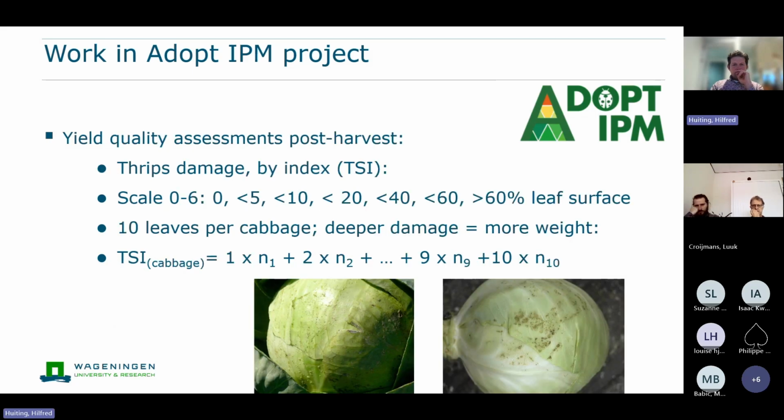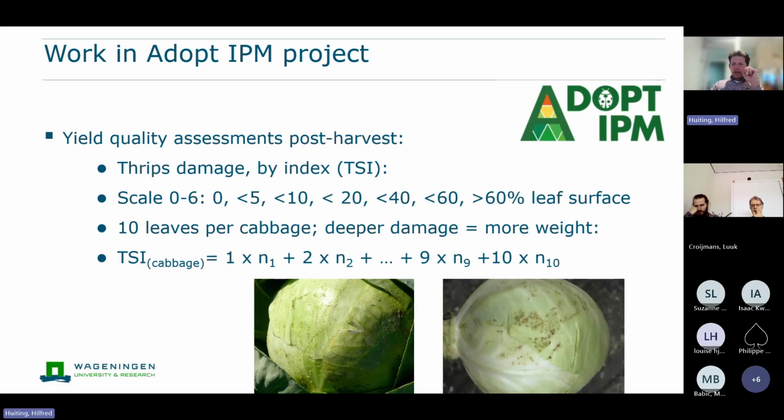And I'm showing some thrips damage data at harvest. You see some pictures there of the damage that thrips caused, because they cause these tumor-like structures in the leaf.